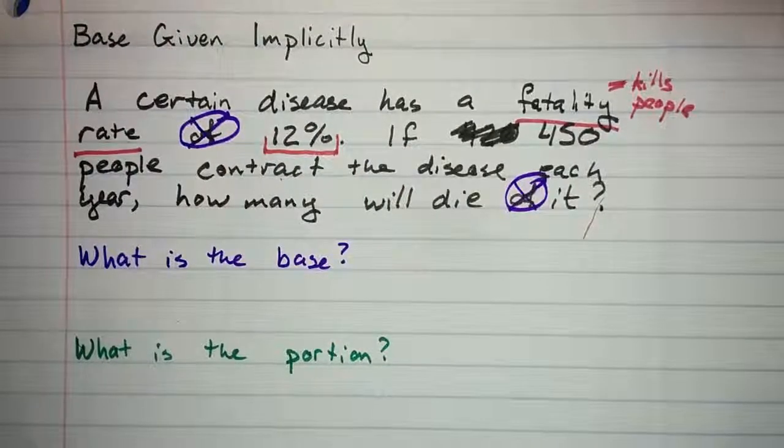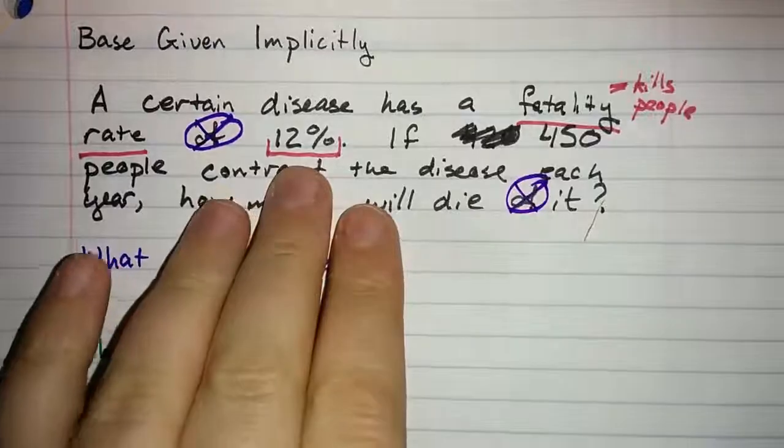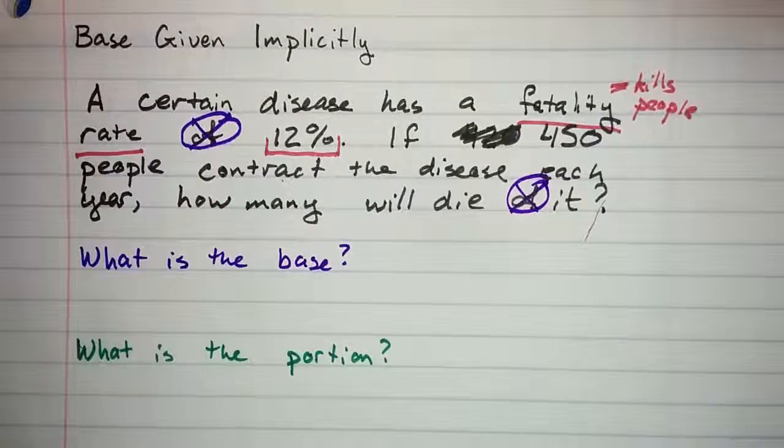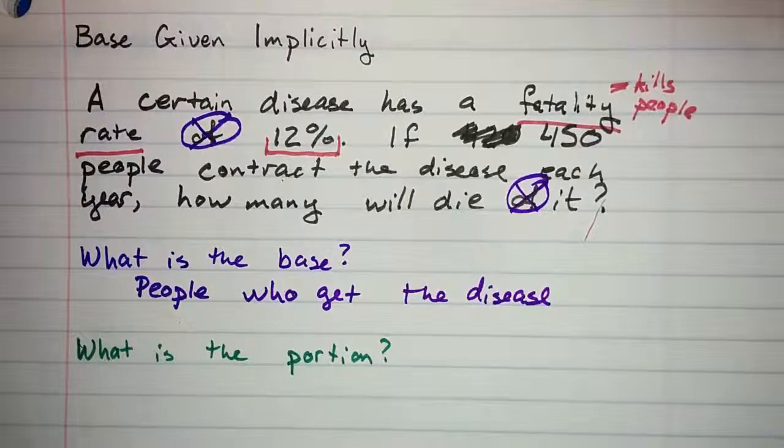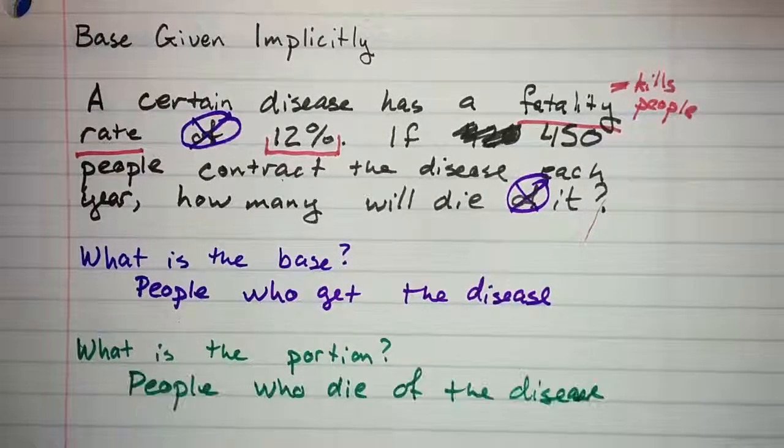Now, that's not all people, right? This doesn't mean that 12% of all people are going to die of the disease each year. That would be silly. It must be out of the people who get the disease. The base must be the people who get the disease, and then out of those, the portion is people who die of the disease.